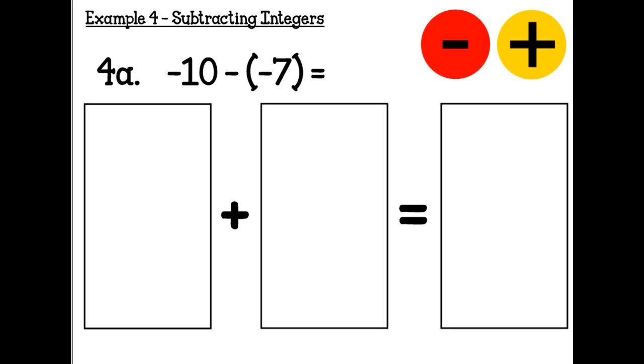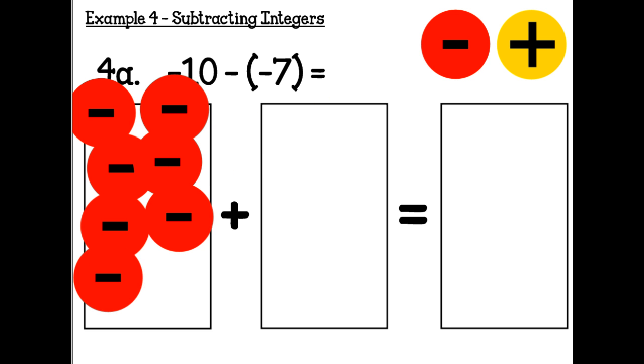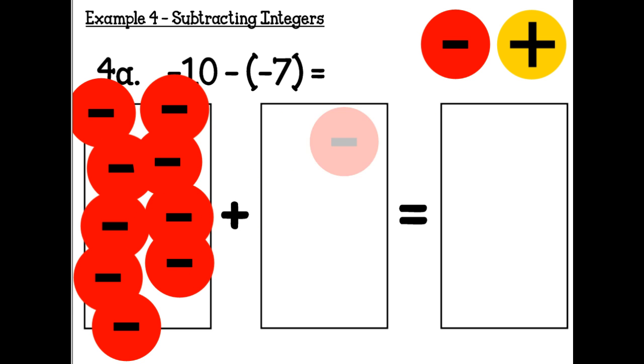So we add the opposite so that it becomes negative 10 plus a positive 7. And we use our counters to pull out negative 10. And then a positive 7 was what that was changed to.